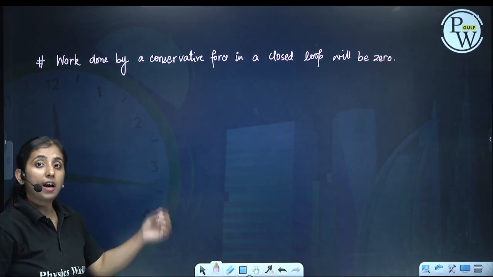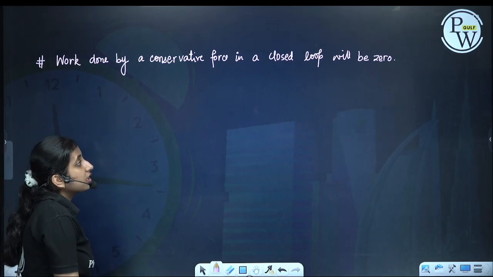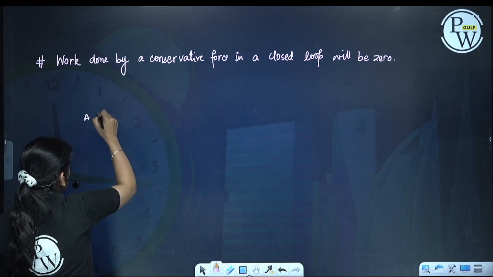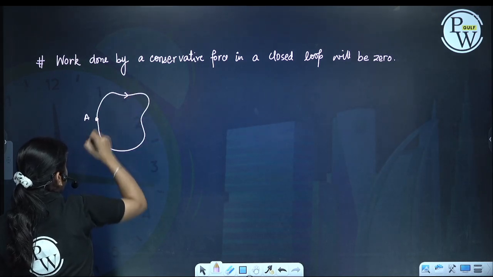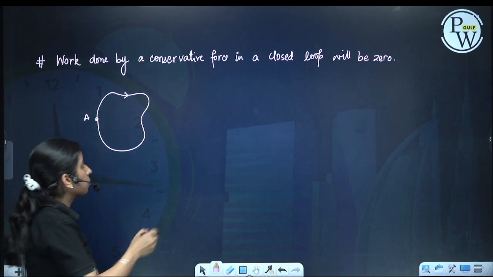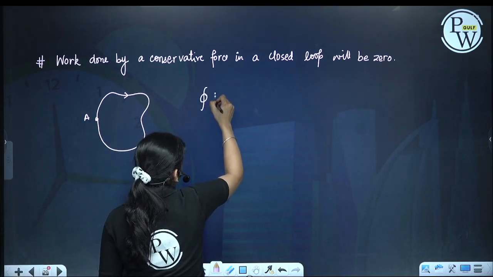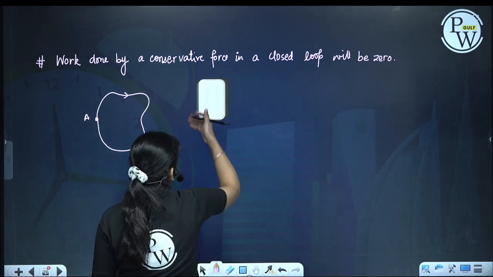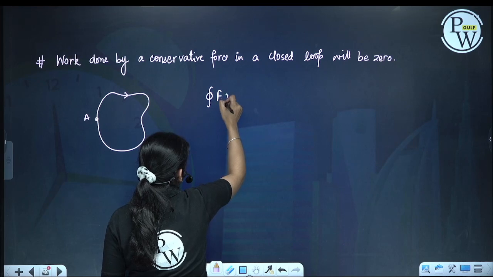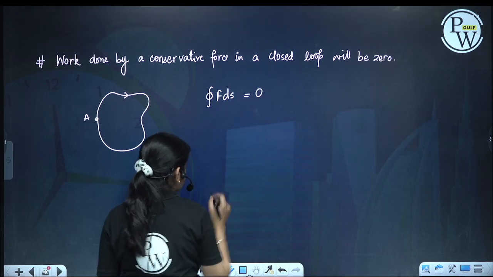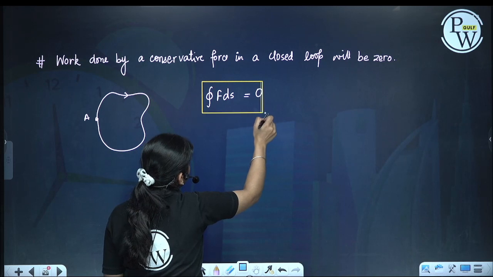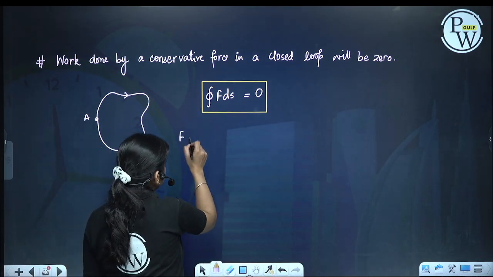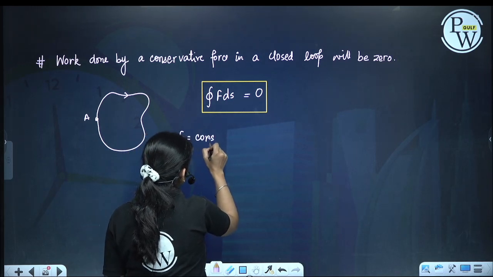So if initial and final position are the same, then work done will be 0. You go from A and come back to A, so work done along the conservative force, that is the integration of F ds, will be 0 along a closed loop, where F is a conservative force. This is only possible if F is a conservative force.